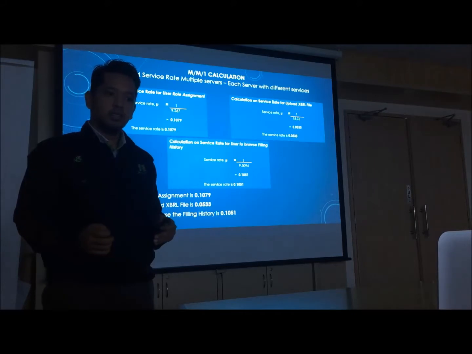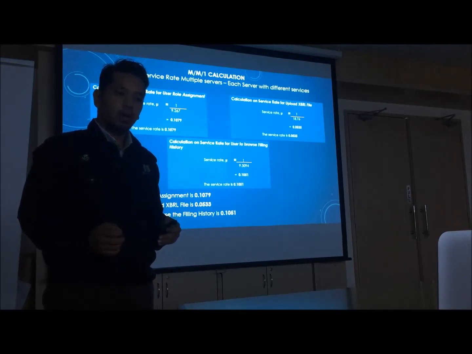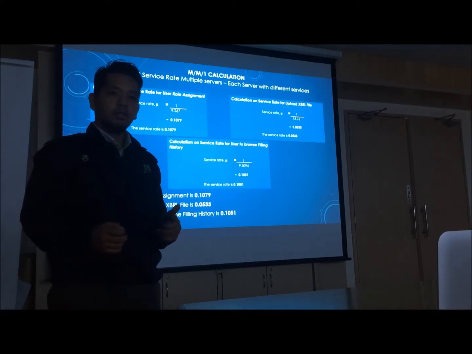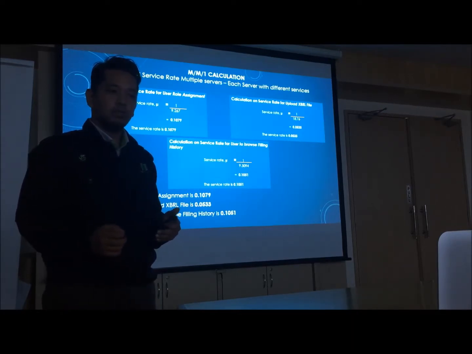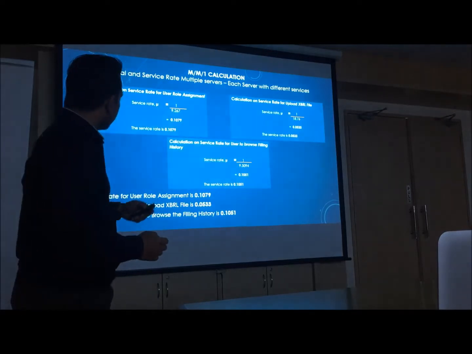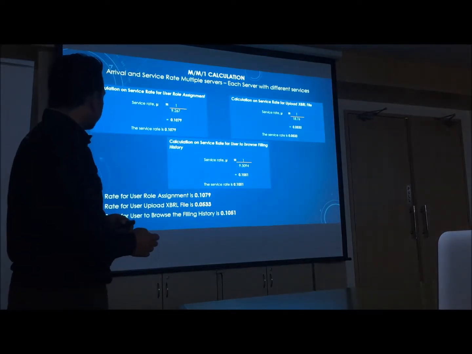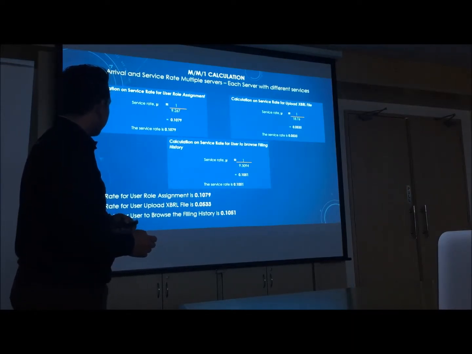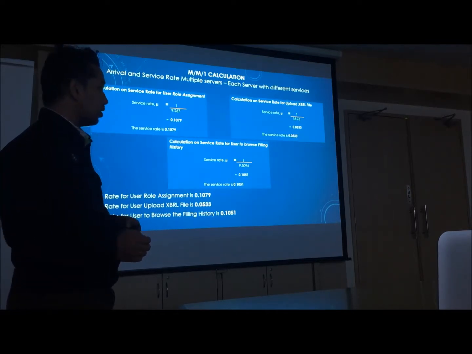Second is user to upload the XBRL file, and number 3 is user to browse filing history. So these are the calculations involved to calculate the arrival and service rate on the server, for each server with different services.